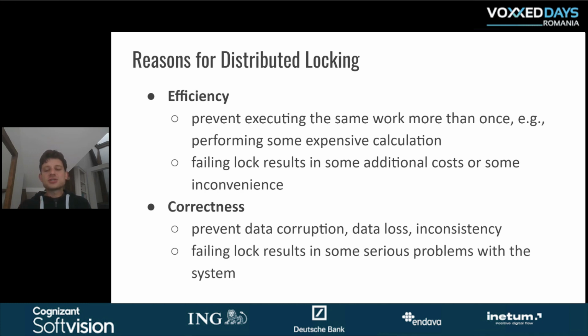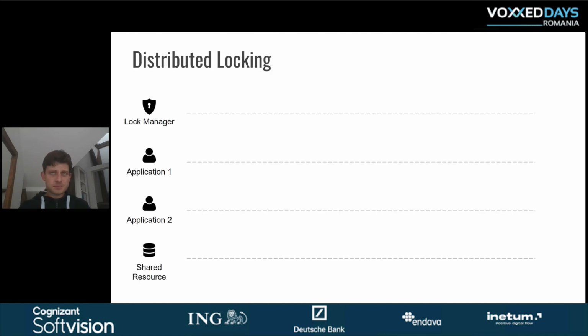Now, how does the distributed lock actually work? We usually have two or more applications running concurrently and using the same resource. And we would like to make access to the resource kind of a mutex, so it's only accessed by one application at a time.